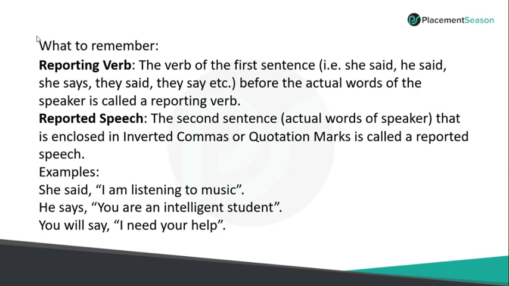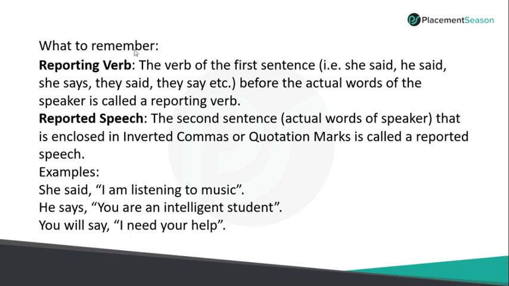Number one, you have to know what is the reporting verb and what is the reported speech. The verb of the first sentence, that is she said, he said, she says, they say, those verbs that come before the actual words of the speaker are called the reporting verb.